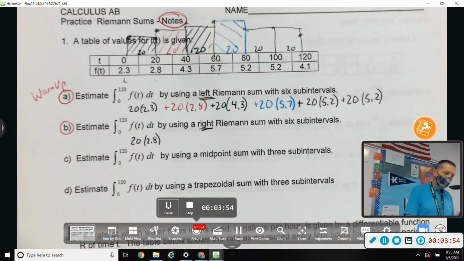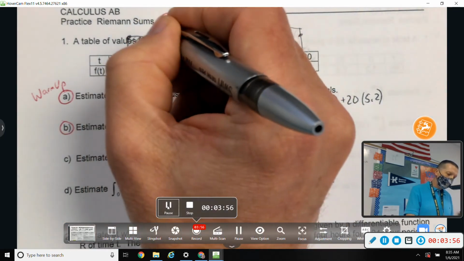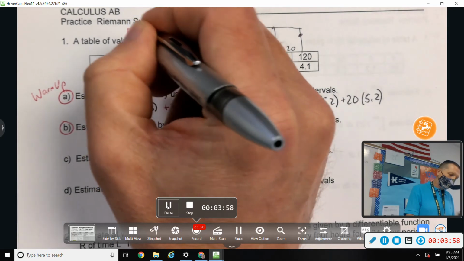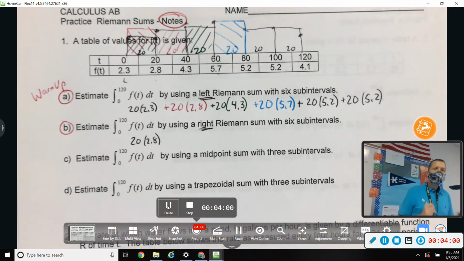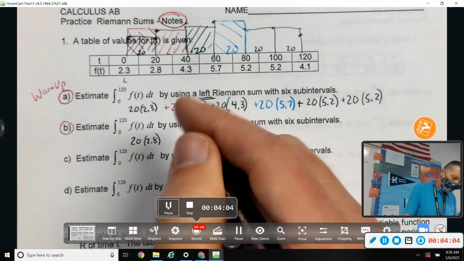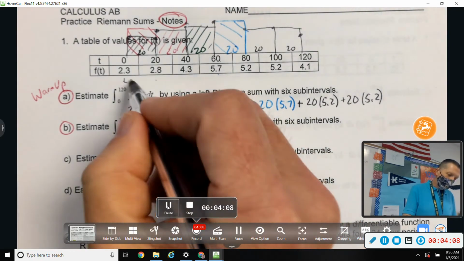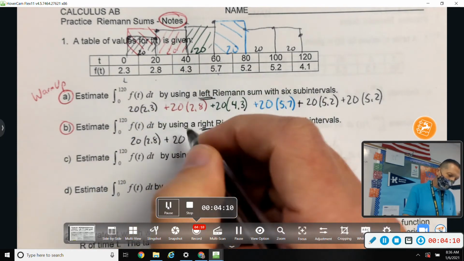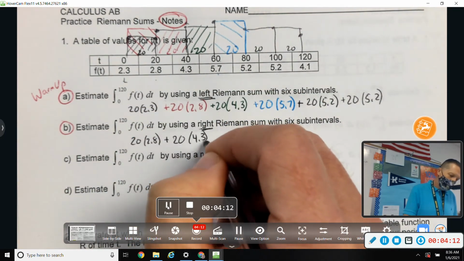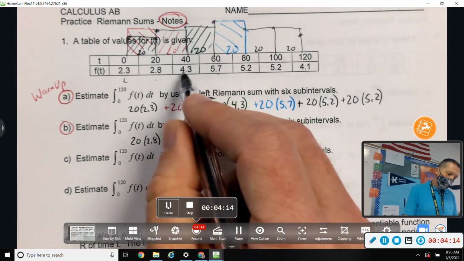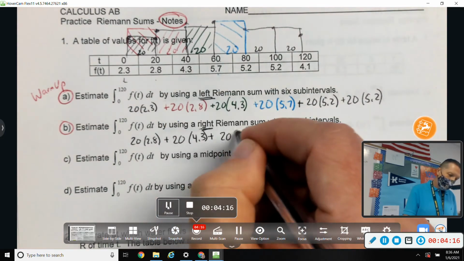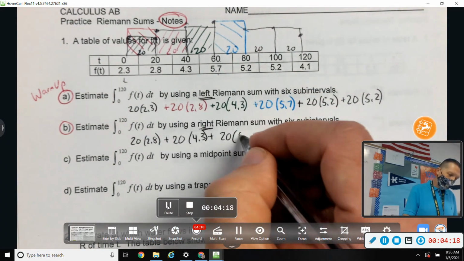Now this gets a little tricky if you wanted to draw them both, because now you'd have that rectangle as your right-hand rectangle. The next one is still 20 wide, but I'll use the right-hand height, 4.3. The next one is 20 wide. The right-hand height is 5.7.